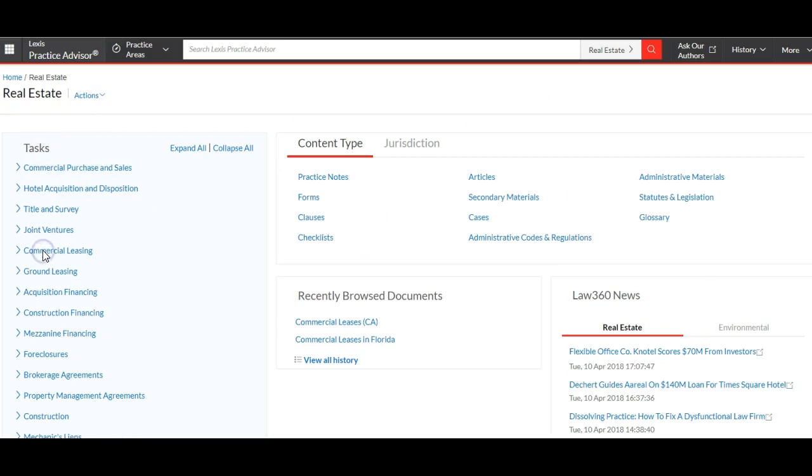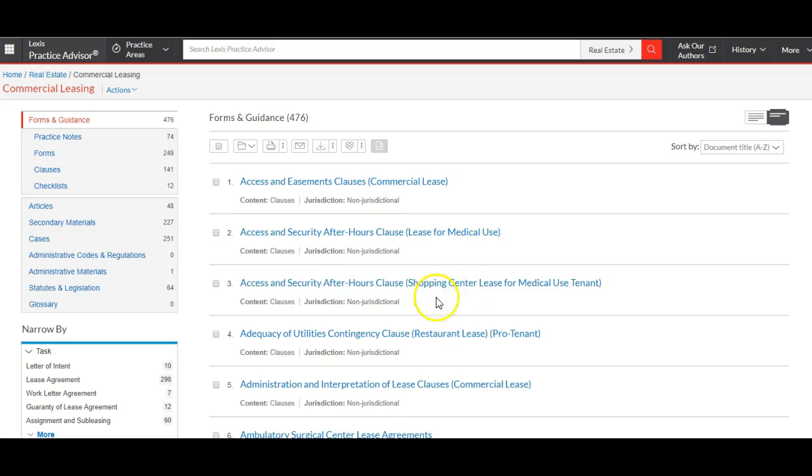So I guess we were looking at commercial leasing, as well as the forms and then the drafting notes within the forms. And again, once again, I'm a big fan of checklists. So, and as I said, I believe that will be available if you have Lexis wherever you are working.